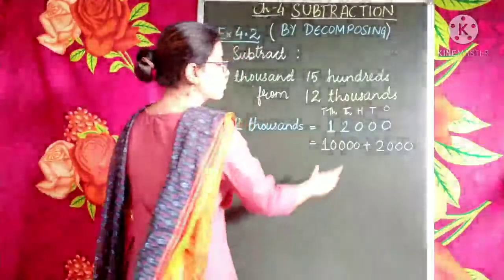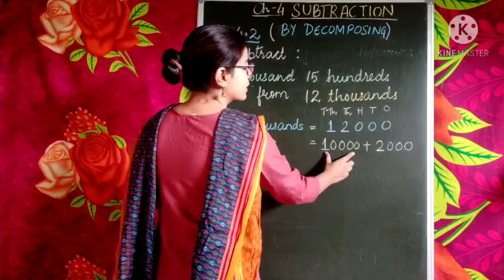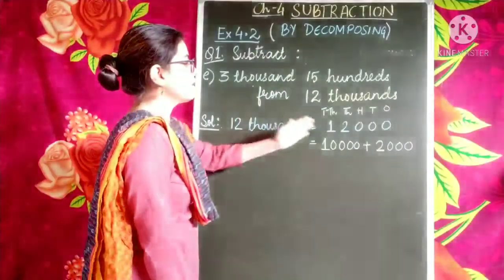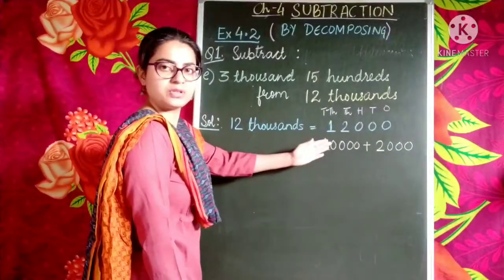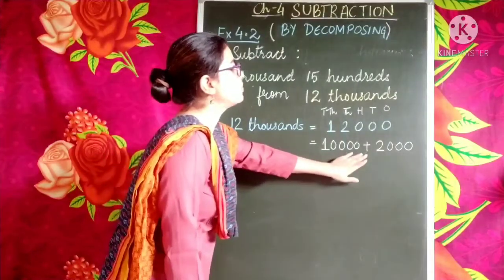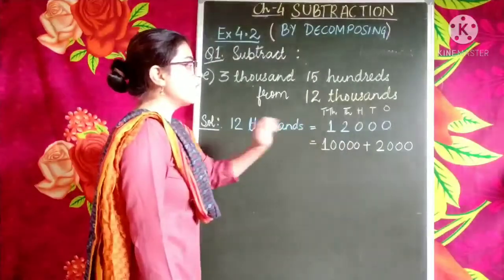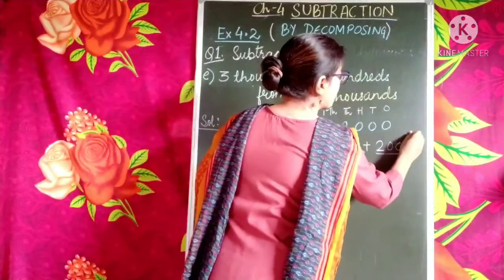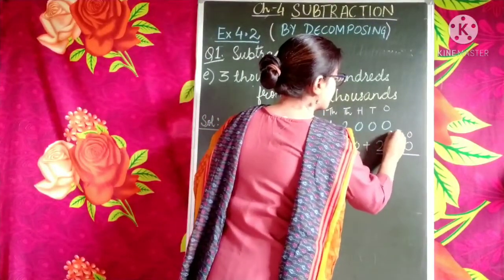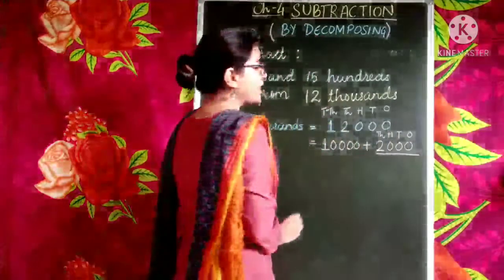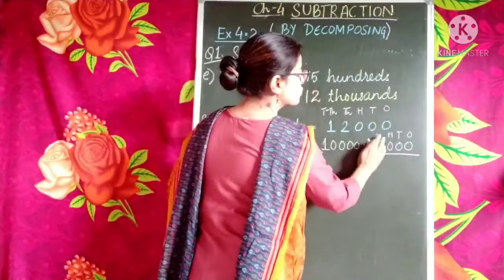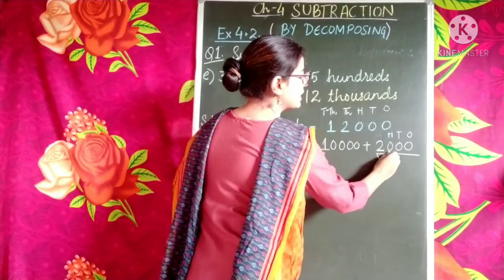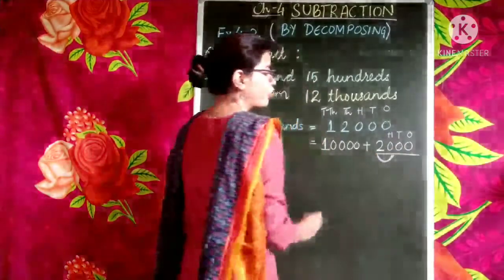How? I have broken it up as 10,000s plus 2,000s, isn't it? This is also a way to write 12,000. Now, let's focus on this 2,000s. What do we have here? Ones, tens, hundreds and thousands. So when we combine this 2 with the 0, what do we have here?